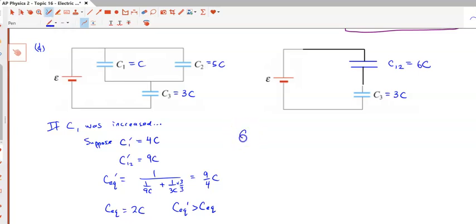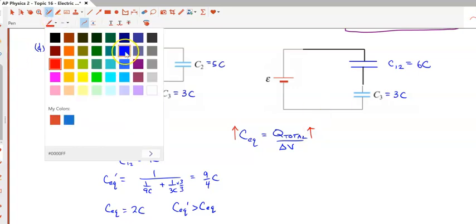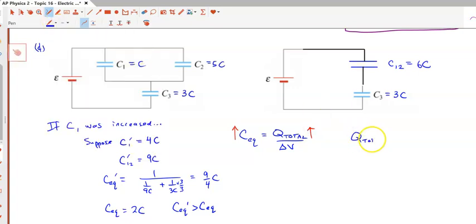Now, we also know that equivalent capacitance is equal to the total charge divided by the voltage. But the voltage, by the way, is the EMF, which is not changing, and so we see that the total capacitance is increasing, so that means that we have more charge. So the total charge of the whole circuit increases. Okay?